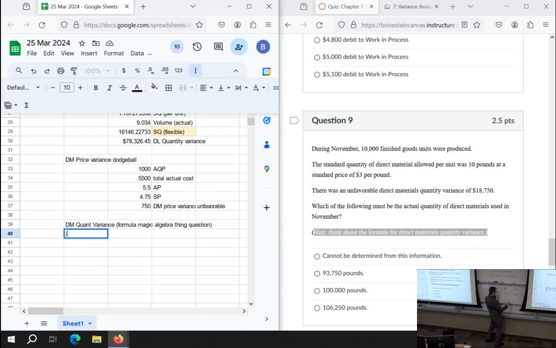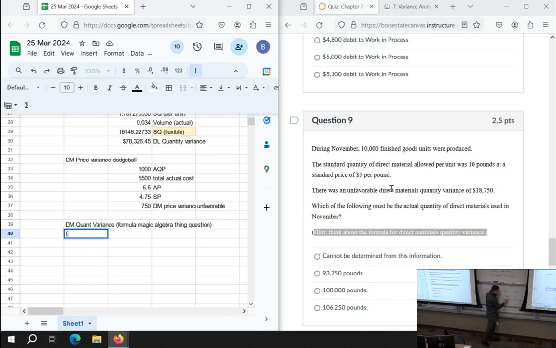Or we could rearrange it: in the parentheses AQU, actual quantity used, minus standard quantity, all times standard price, equals the DMQV, direct materials quantity variance. Of those four, we need at least three, and then we can solve for the last one.